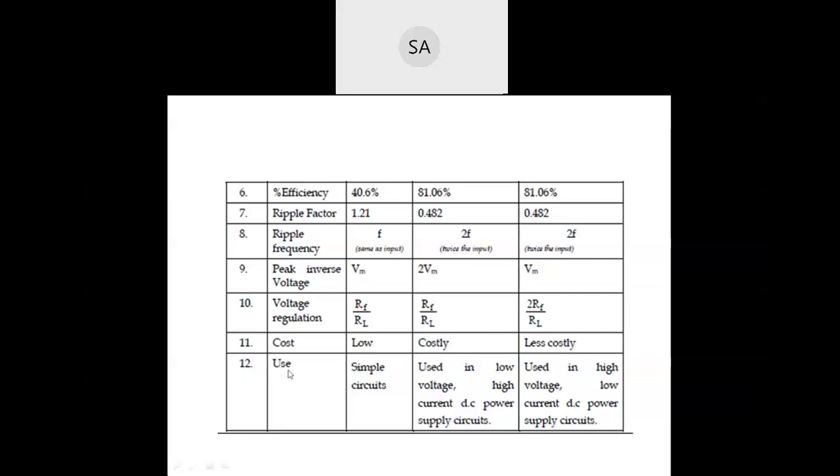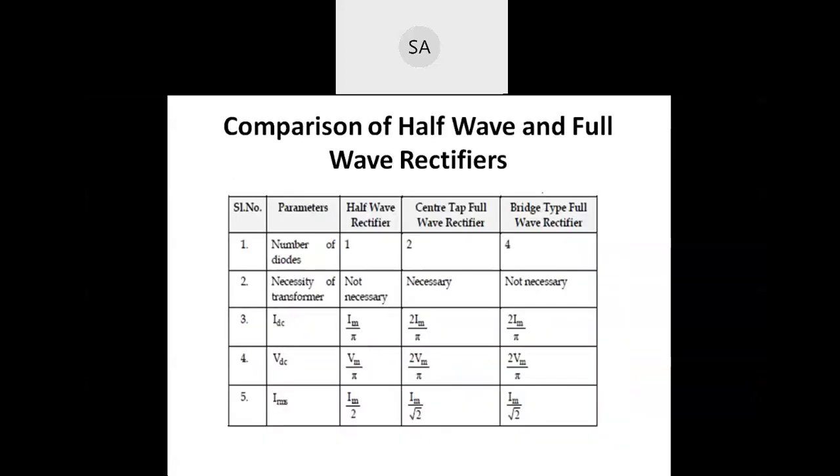The half wave rectifier is used in simple circuits, the center tap is used in low voltage high current DC power supply circuits, whereas the bridge is used in high voltage low current DC power supply circuits. So these are the comparisons of half wave and full wave rectifiers with respect to center tap and bridge rectifiers.